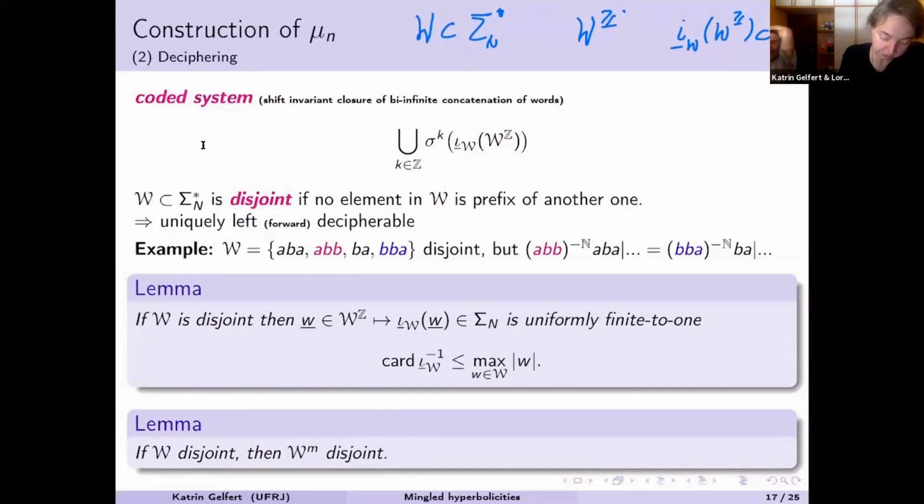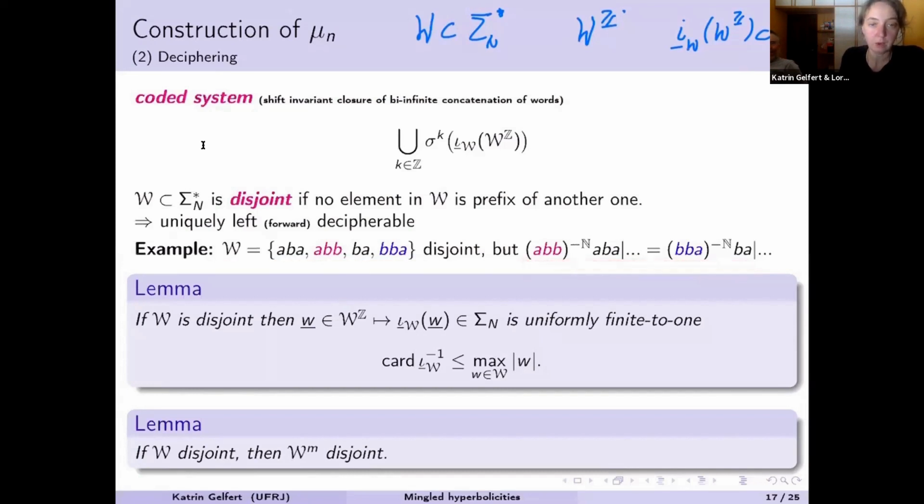Such a set of words is disjoint if no element is a prefix of another one, and hence if I have a bi-infinite sequence forward, I can uniquely decipher what concatenation of words I had in the beginning. Though their backward deciphering is not so easy, and here's an example that this set of words is disjoint. So any forward concatenation I can precisely decipher, but backward, the same sequence can give rise to two different decodings.